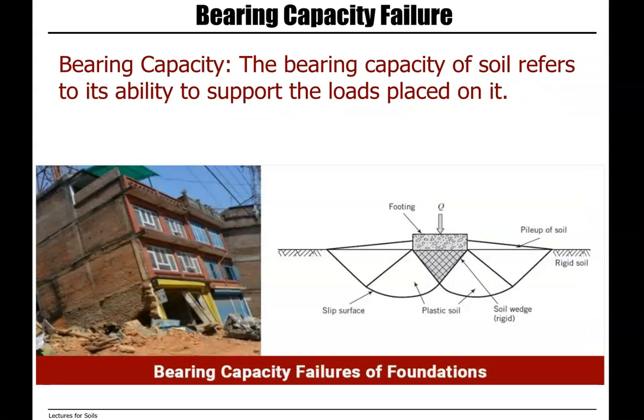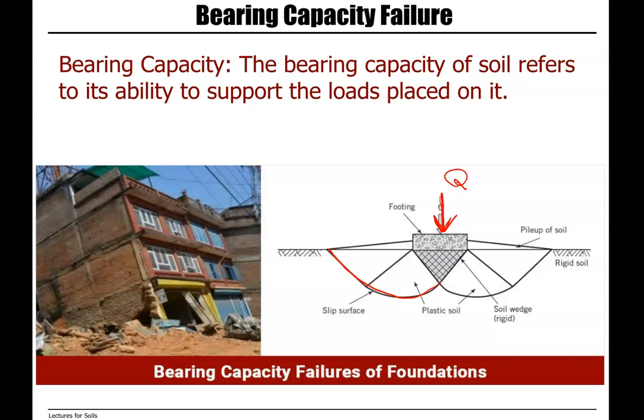Another type of failure is bearing capacity failure. Bearing capacity is defined as the ability of soil to support the loads placed on it. So when we have a load applied to our footing, and if the load per unit area, the stress, is more than bearing capacity of soil, then bearing capacity failure would happen, and it usually happens along the slip surface.